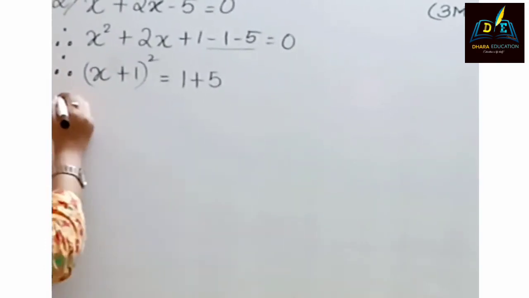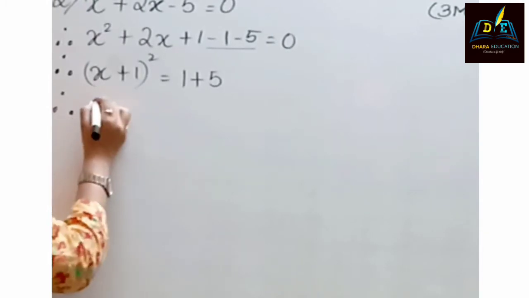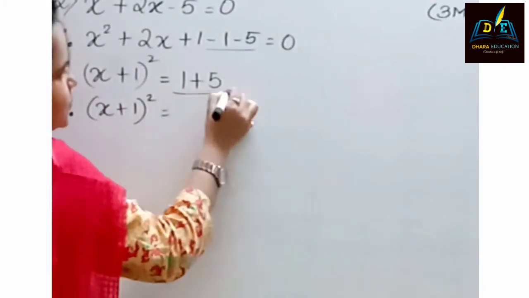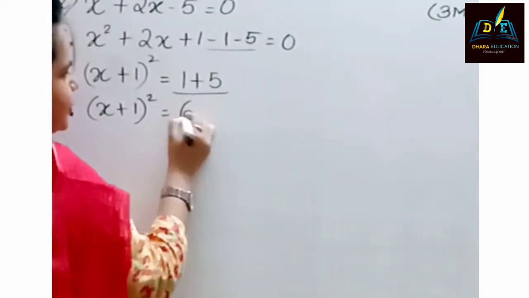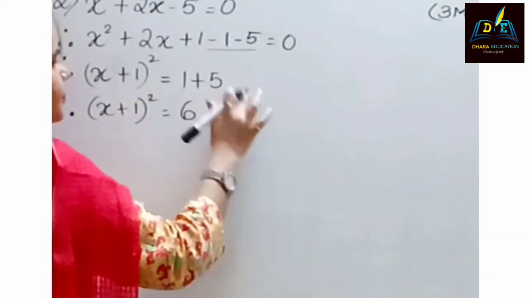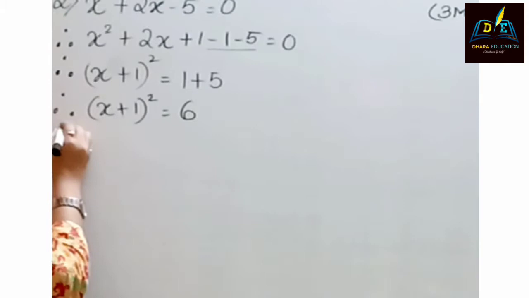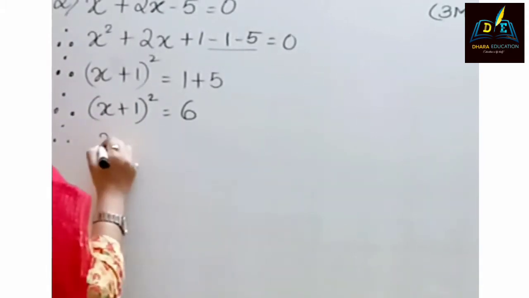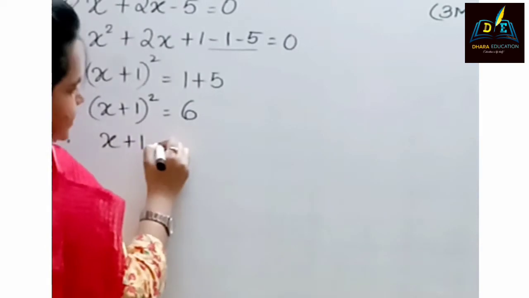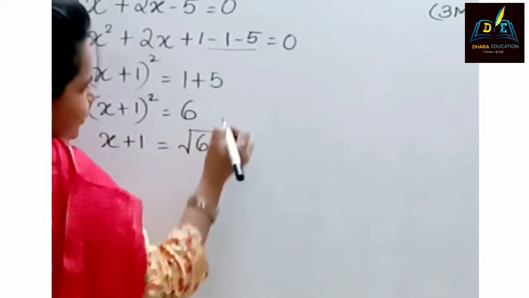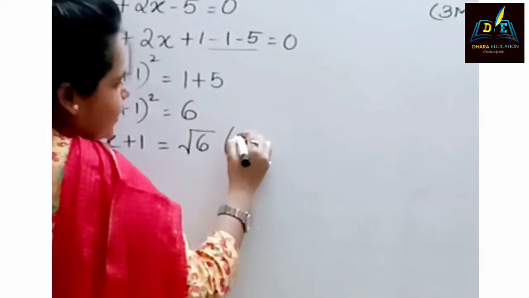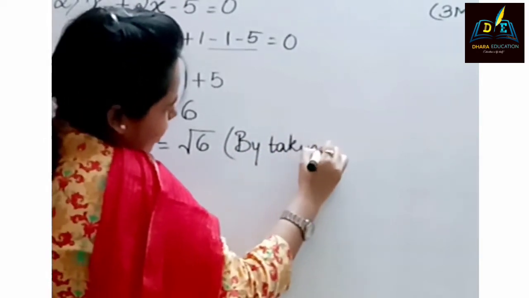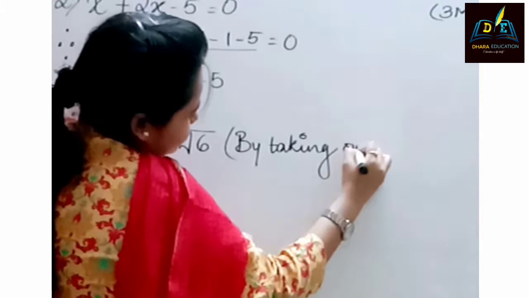Now students, the next step will be x plus 1 is equal to this, we add and we get 6. Am I clear? Now, by taking the square root on both sides, we get x plus 1 is equal to root of 6.